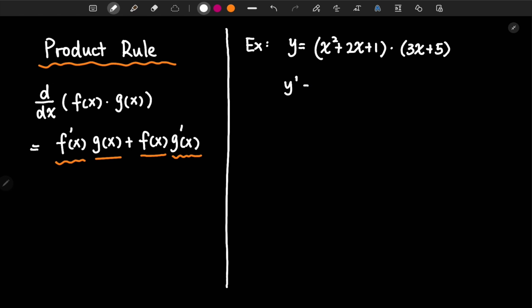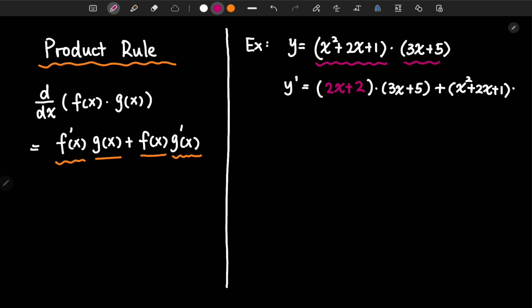The derivative of y is going to be the derivative of the first part, which gives us 2x plus 2, times the second half of the function, 3x plus 5, plus the first part on its own times the derivative of the second function, which is just 3.